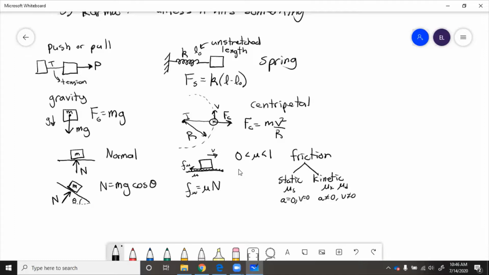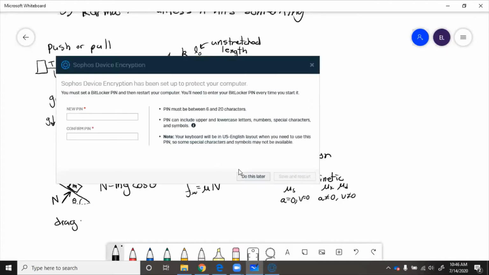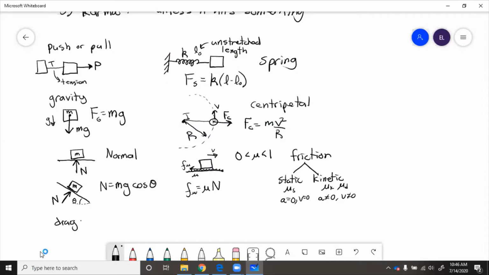The last type of force we'll look at is drag force. This is force that is proportional to velocity. So let's say you have an object and the wind is blowing at it, or it could be water or something, but it doesn't really matter.